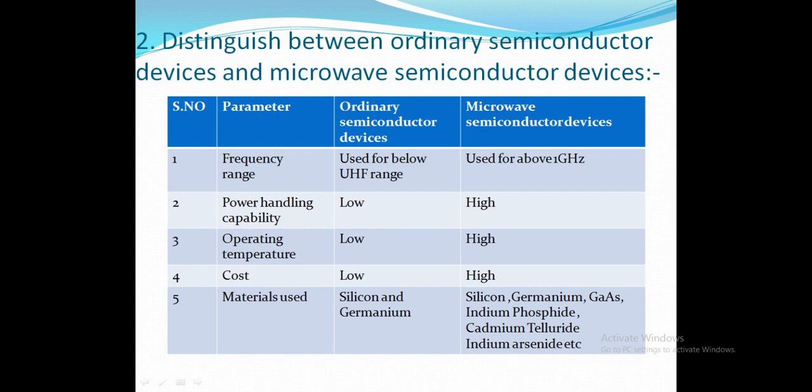In avalanche transit time devices, we have the IMPATT diode, BARITT diode and TRAPATT diode. Coming to the transferred electron devices, we have the Gunn diode and tunnel diodes.